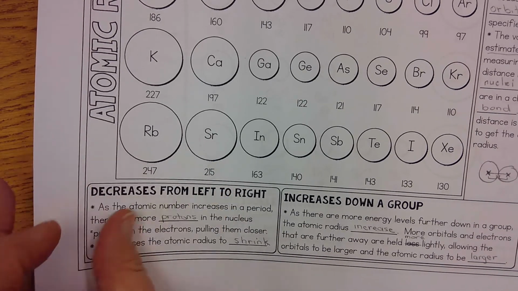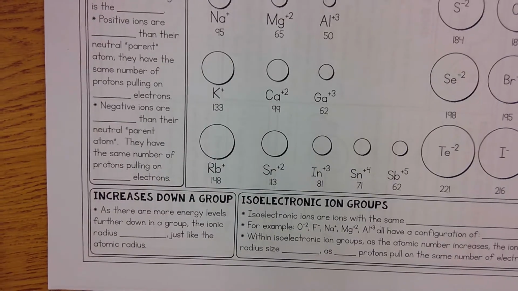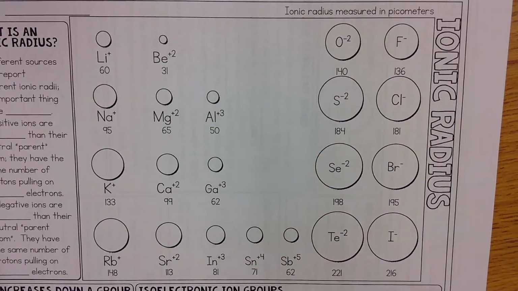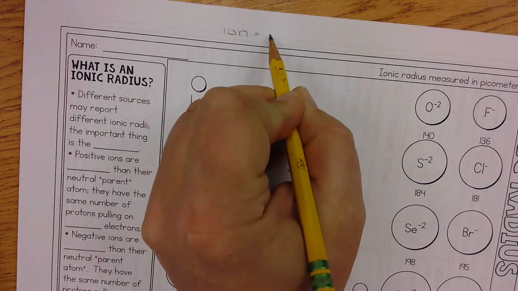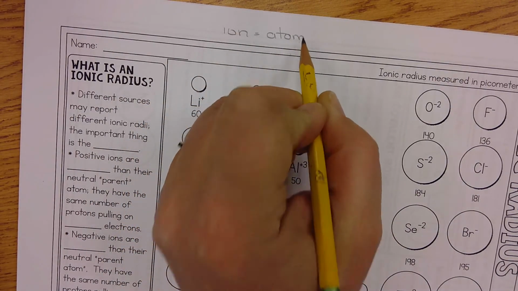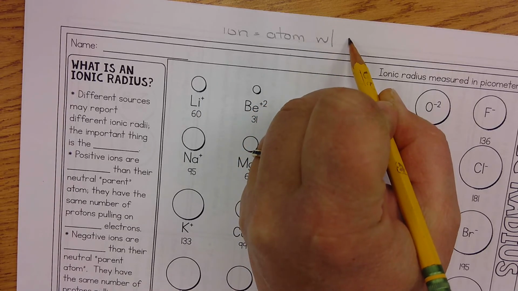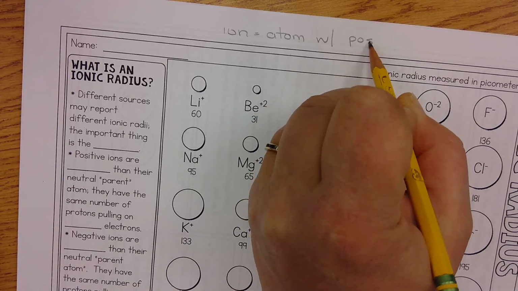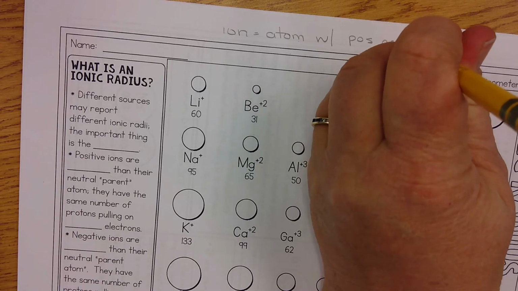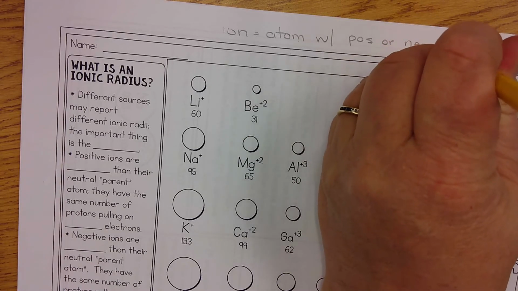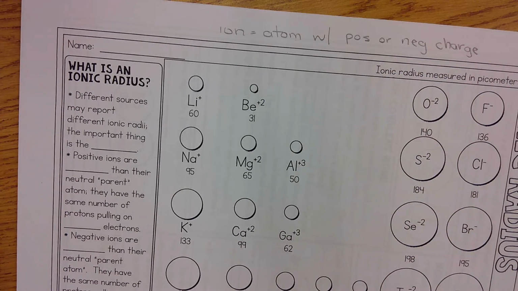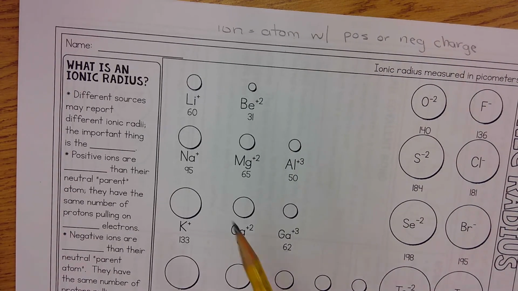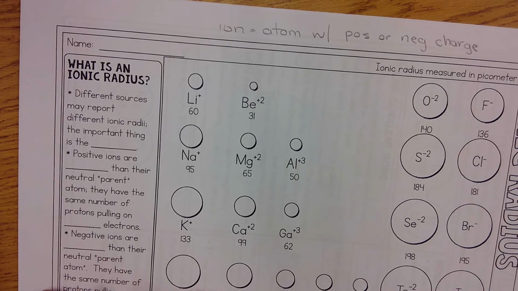Okay. So kind of going along with this is the ionic radius. Remember, an ion is just an atom with a positive or negative charge. So now instead of just talking about atoms, we're talking about atoms with positive or negative charges.